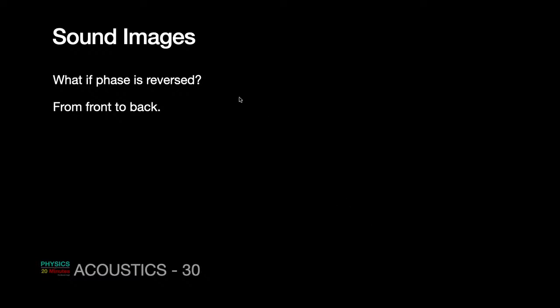But if the phase is reversed, then the resultant image jumps from front to back. So it appears that the source of sound is kept behind. These are the parameters which can be altered, tweaked in order to make a sound moving, or to give the feeling of a moving sound in a room.